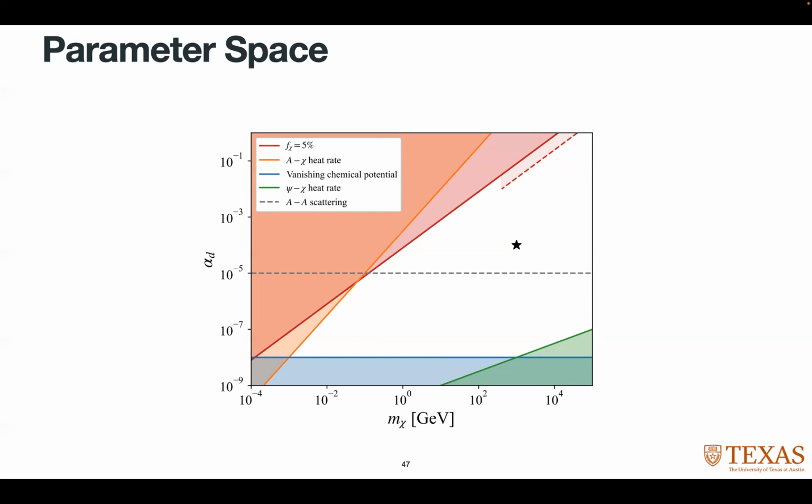So let's say 5% of the dark matter is chi, and then maybe they emit the psi through the exchange of the dark photon. And then the psi is very light, so I guess the psi could be very energetic. Then maybe some neutrino experiments or other experiments would observe the psi.